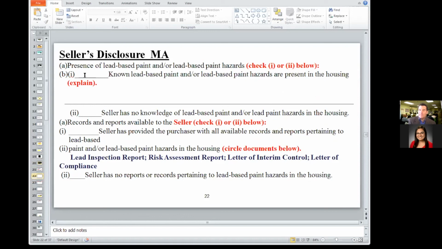So read it to me again and let's follow it along. It says, in D, as in dog, would you initial if in the paragraph above B there is no report or paperwork? So go back to that other page.